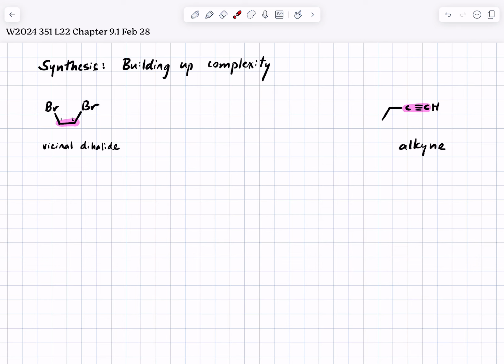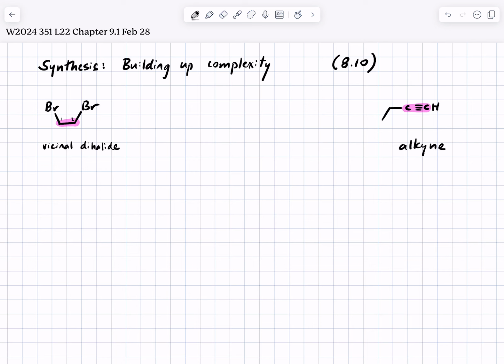I'm going to show you a reaction sequence that is summarized in section 8.10 of your text. You may want to go look at that if what I'm going to describe doesn't make a lot of sense.